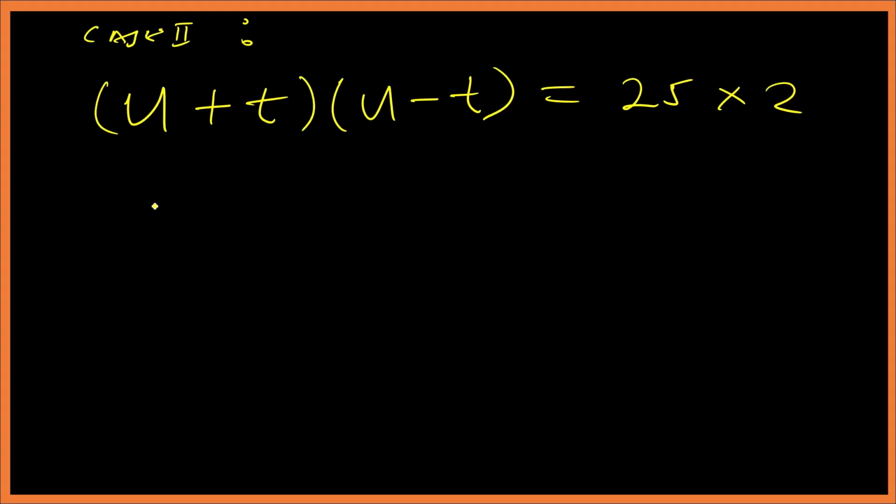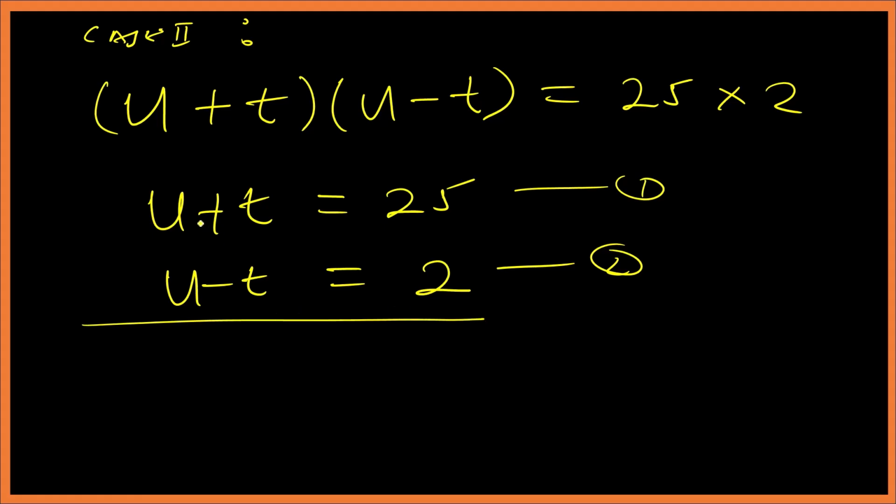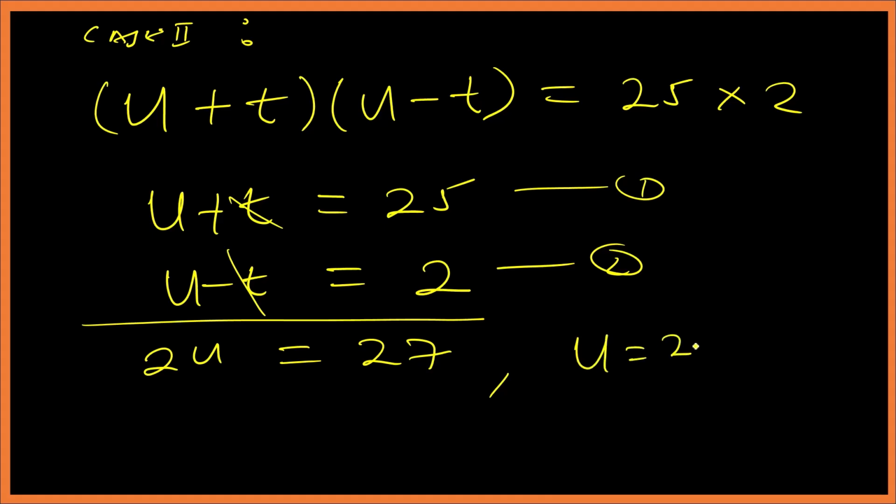It means u plus t equals 25 and u minus t equals 2. So let's add the two equations. Once I do that, I'll get 2u and this one will vanish, equals 27. So u will be 27 on 2.